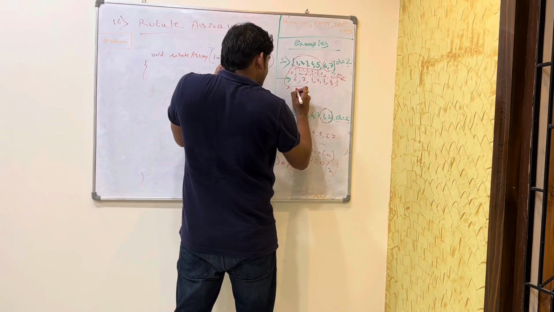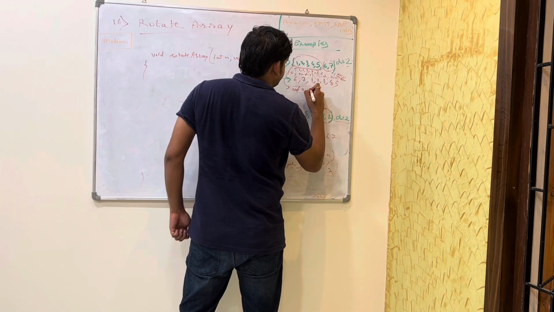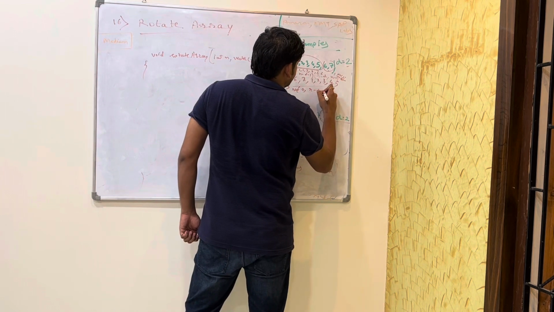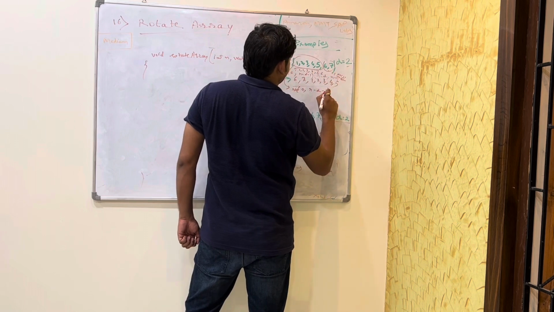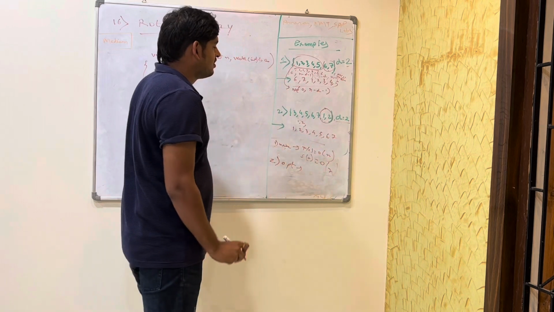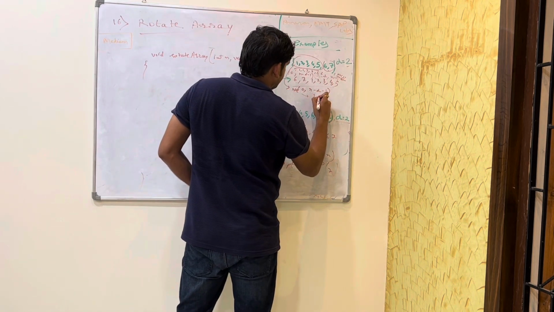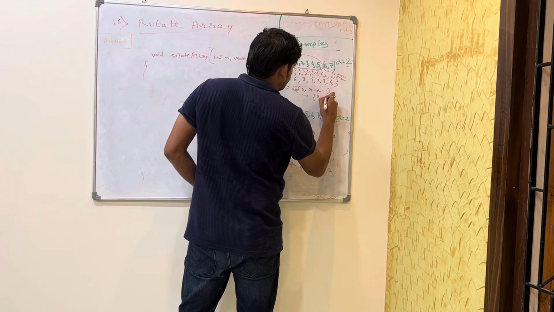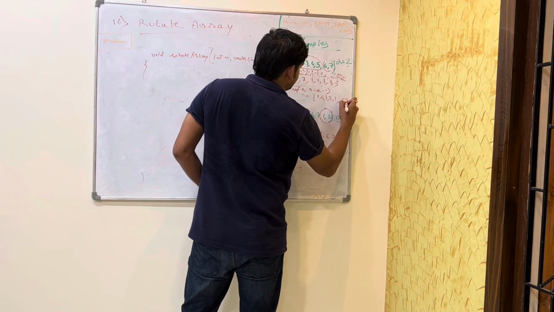Let's reverse the array from 0 to n minus d minus 1. Here n is 7, 7 minus 2 is 5, minus 1 is 4, so 0 to 4. Let's reverse it. What will happen if we reverse this? This will become 5, 4, 3, 2, 1, and this will be 6 and 7.